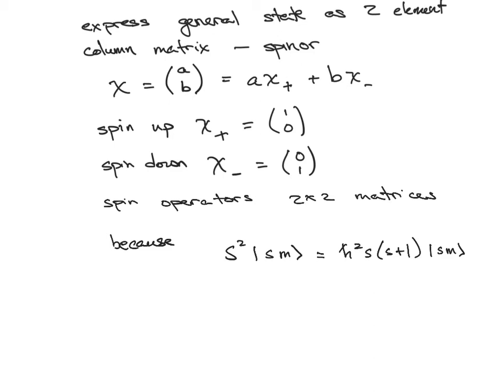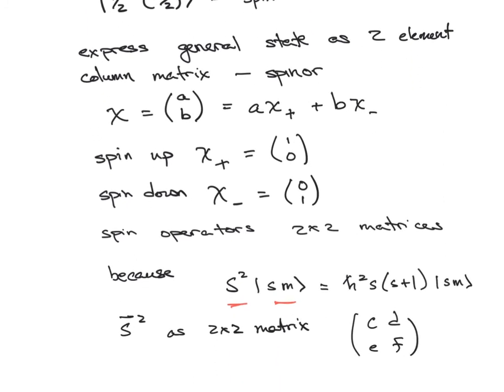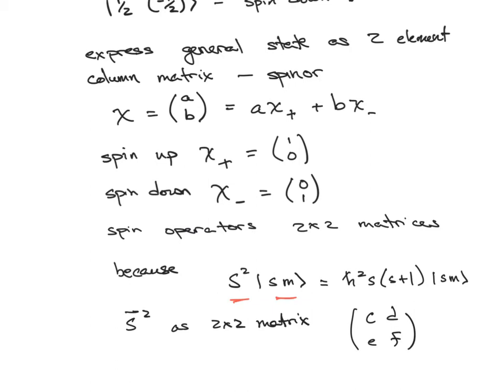And so our S squared as a 2 by 2 matrix is going to look something like, we'll just use placeholders C, D, E, and F. So C, D, E, and F are going to be our S squared matrix, and then our S and M eigenstates we've got up here as these 2 things. And our general state is this 2 element column matrix.